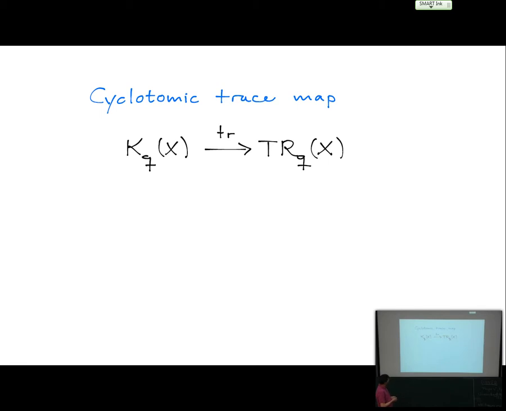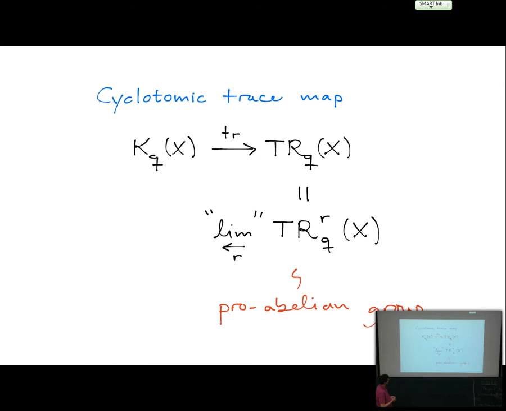Here the target is a pro-abelian group. So it's a system of groups, one for every positive integer r, and the system is ordered under division.